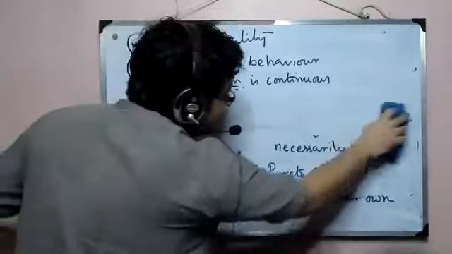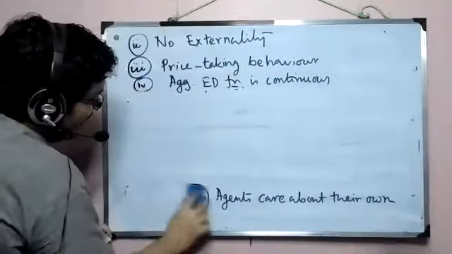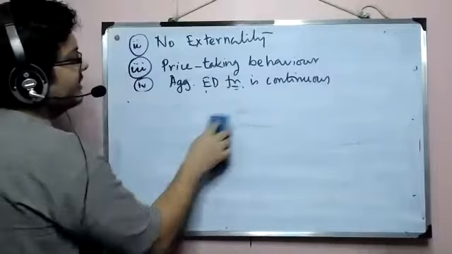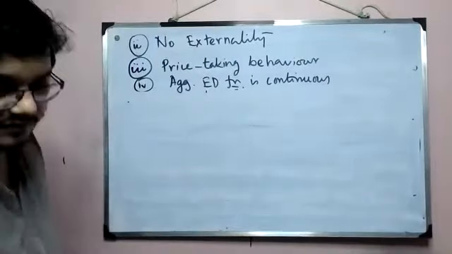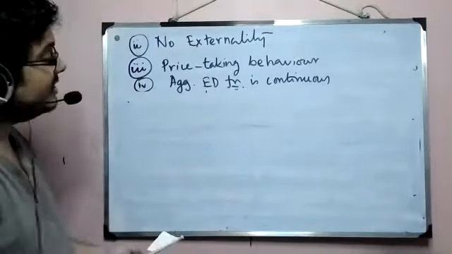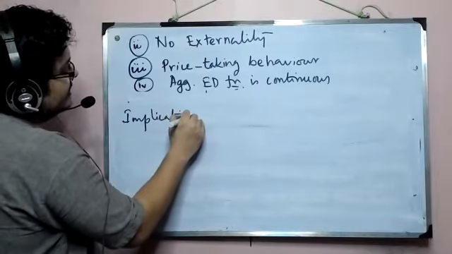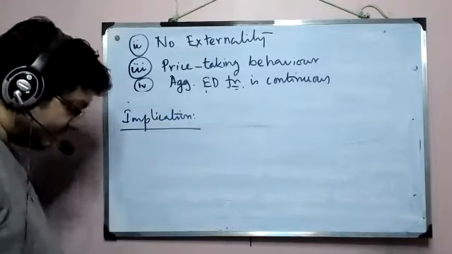One implication is that it doesn't talk about equality. And not only that, if you have stark inequality, then there is no problem with this theorem. That is not a problem with this theorem.